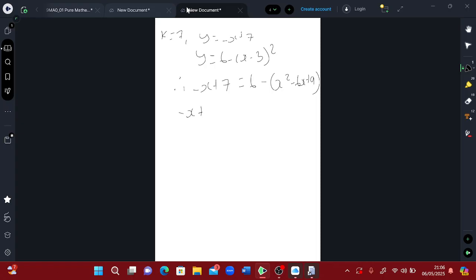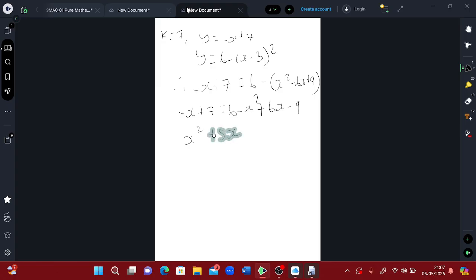So then minus x plus 7 equals 6 minus x squared minus 6x plus 9, and then x squared plus 5x plus 6x minus x plus 5x plus 9. Well, that would be minus 9, wouldn't it? Minus x squared. Oh, that'd be positive 6x, wouldn't it?